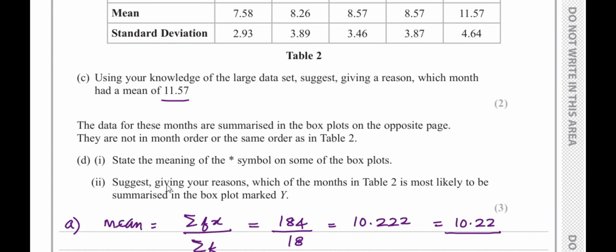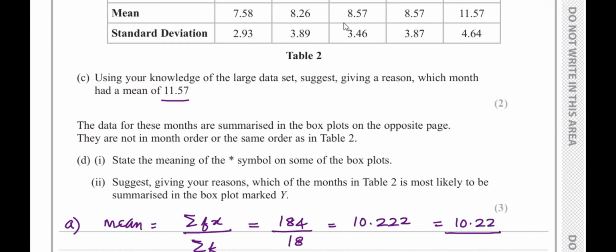Next part of the question, suggest, giving your reasons, which of the months in table 2 is most likely to be summarized in the box plot marked Y. So let's have a close look at the mean of the table. So the means here: 7.58, 8.26, 8.57, 8.57, and 11.57. So this gives you an idea.